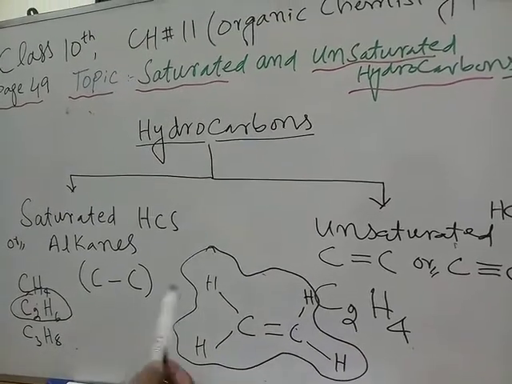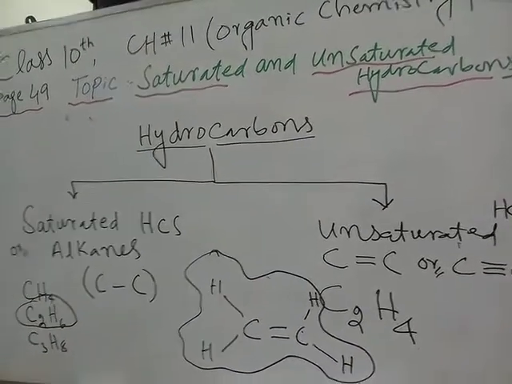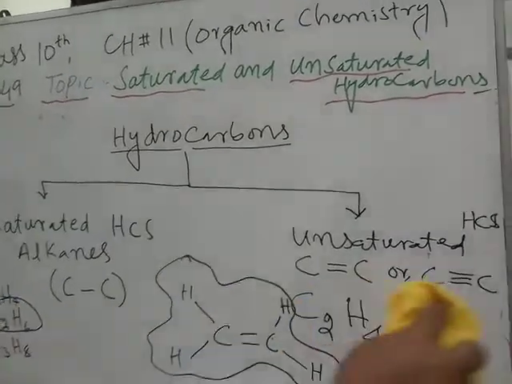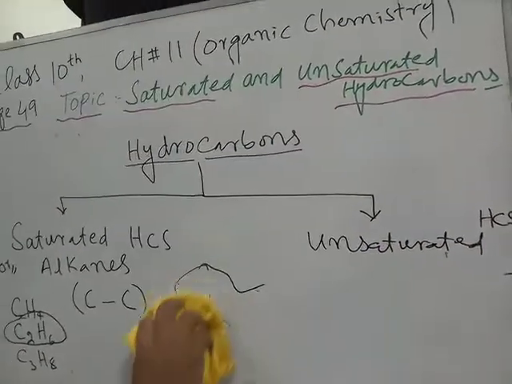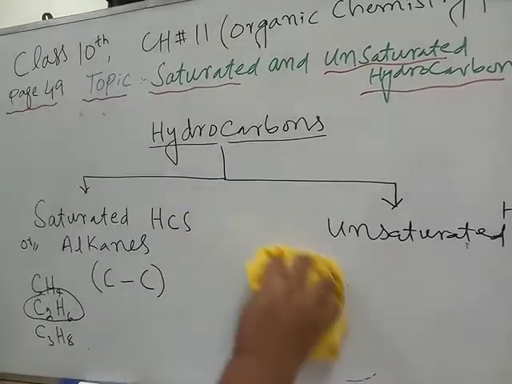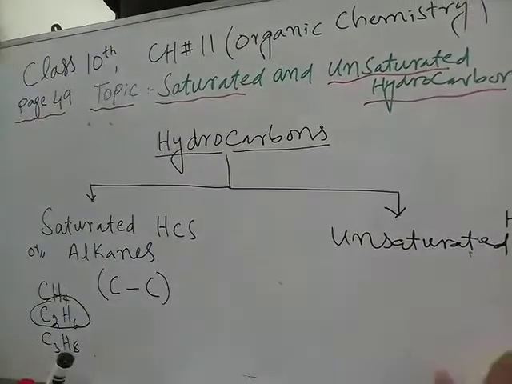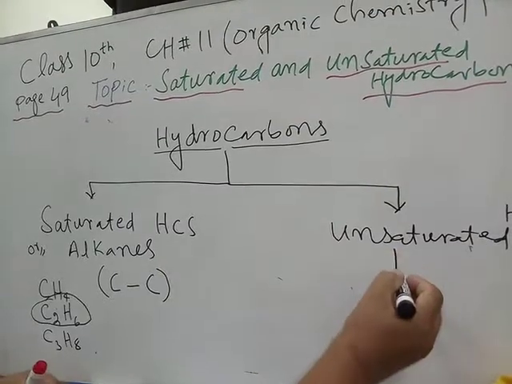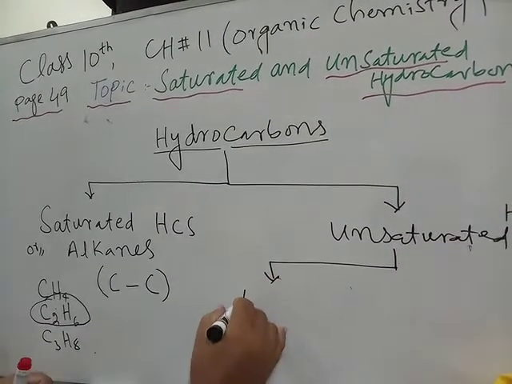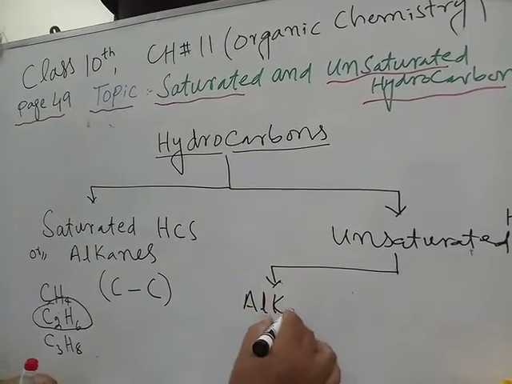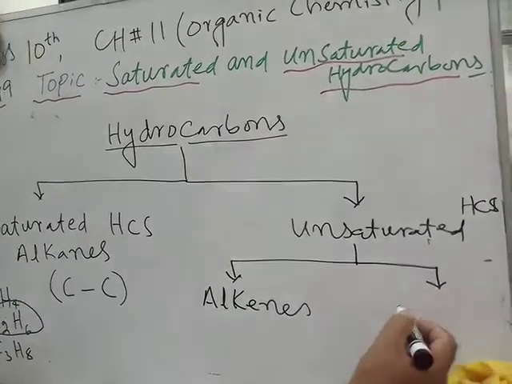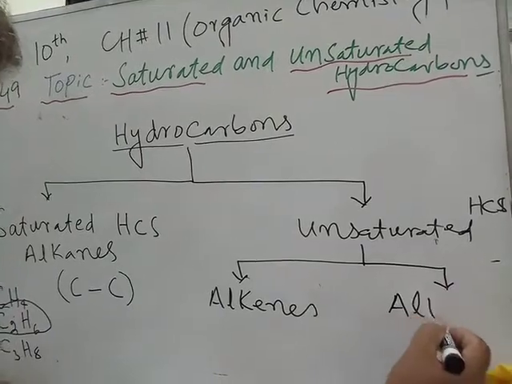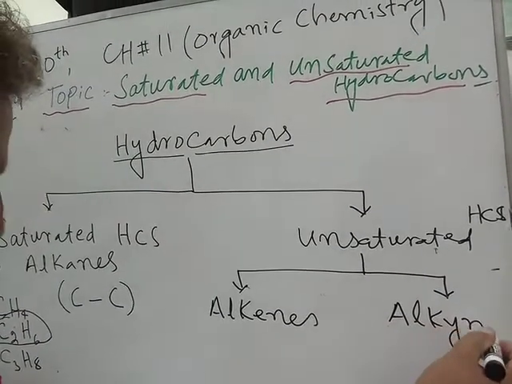Now the unsaturated hydrocarbons may have double or triple bonds. On the basis of the presence of double and triple bonds, these unsaturated hydrocarbons are divided into two types. One is called alkenes, while the other type is called alkynes.